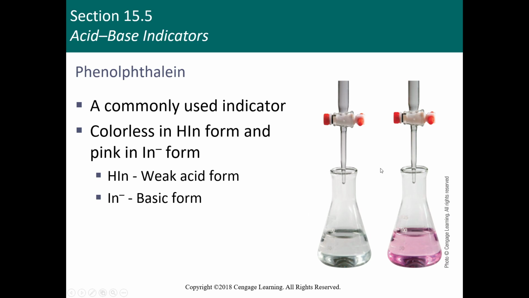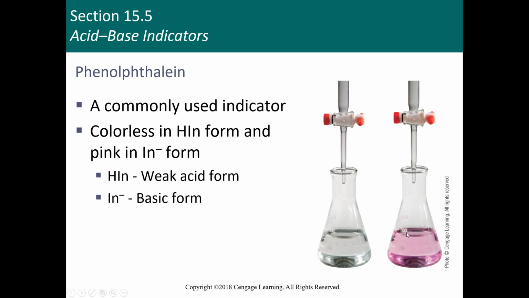So right here is phenolphthalein. This is the one that most of you should have used at some point. It is a very commonly used indicator. This is one of the ones in the mixtures they give you to test pools. It is colorless in the HIn form, the acidic form. The basic form is a nice pink color. So in this case, we're adding base.